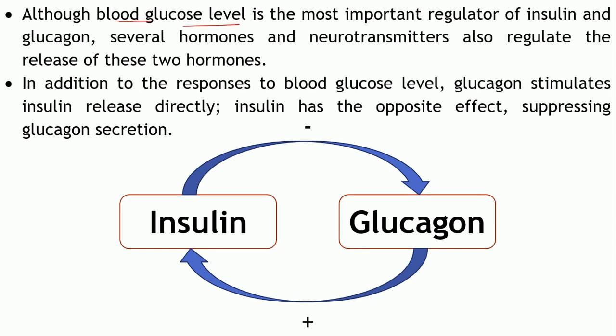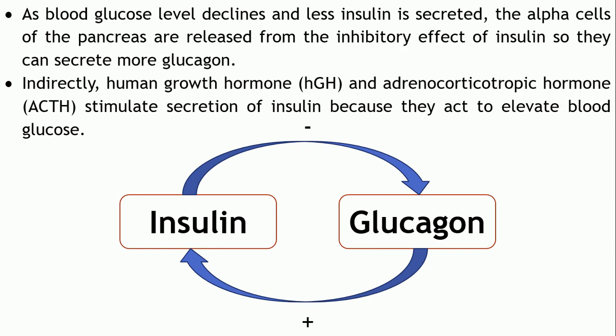But apart from that, as we have seen earlier, insulin inhibits the release of glucagon, whereas glucagon can stimulate the release of insulin, right? That's what we have seen earlier. Okay, now as the blood glucose level decreases, what happens to your release of insulin? When the blood glucose level decreases, insulin secretion is reduced, right?